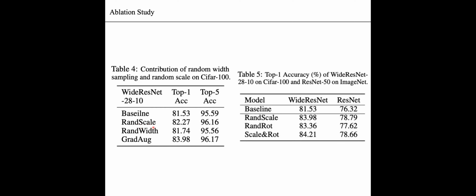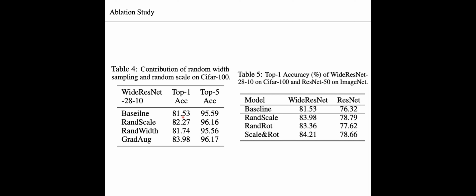We have the different input scale, right? So that's one type of augmentation. And also we have different widths to generate the subnetwork. So we remove them one by one. So we first just don't consider random width. So basically we have subnetworks with the same width, but different input scales. And this is the accuracy we get as compared to the baseline.